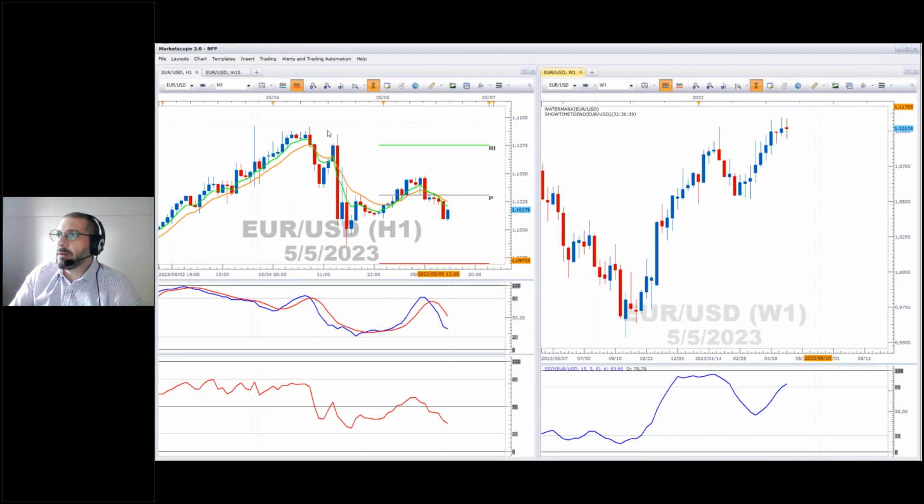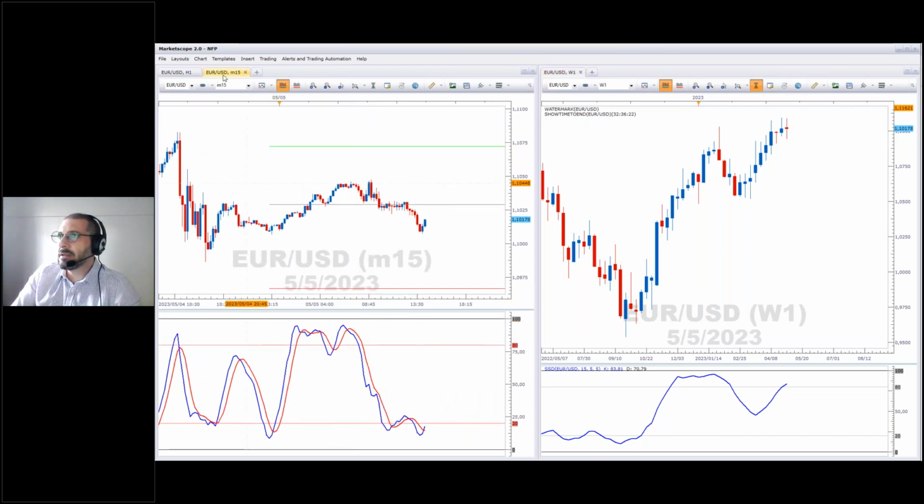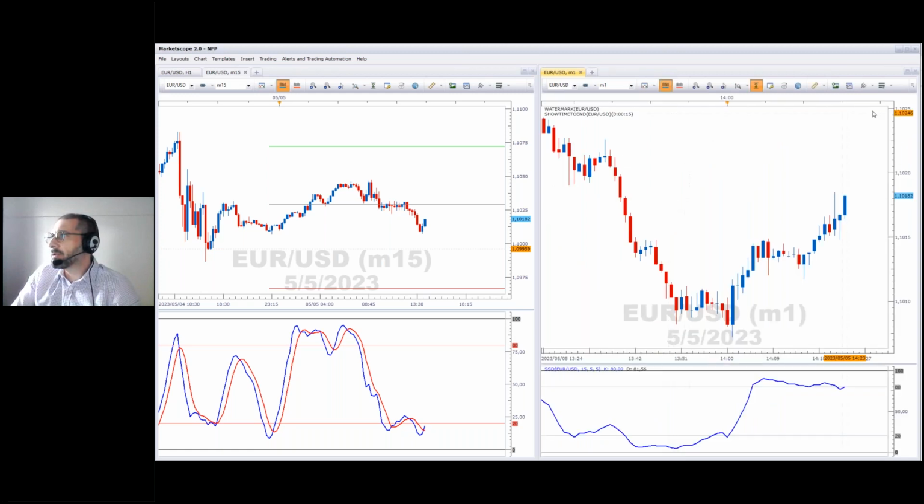We've got a 1-hour chart on our left, euro-US dollar. It's got the pivots, a stochastic, and the RSI. Then we have a 15-minute chart in the second tab, and I'm going to go down to a 1-minute. So we'll be trading on the 1-minute chart of euro-US dollar.